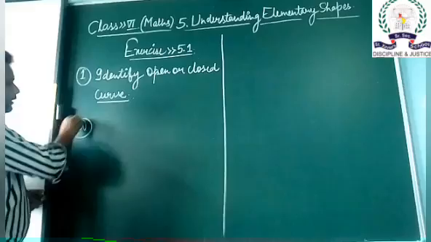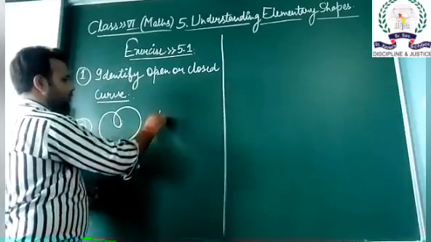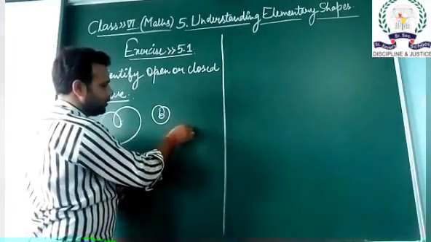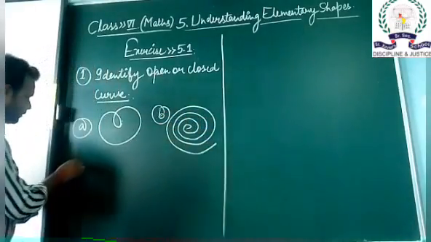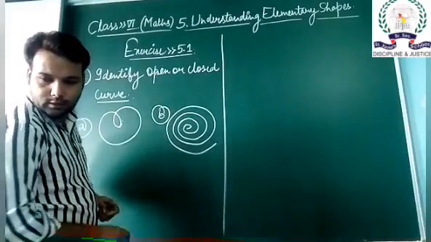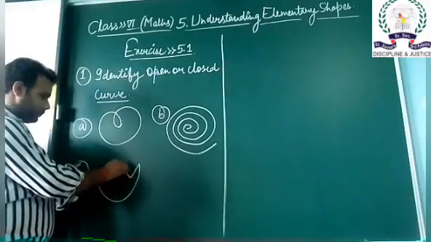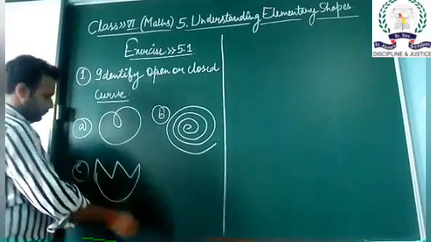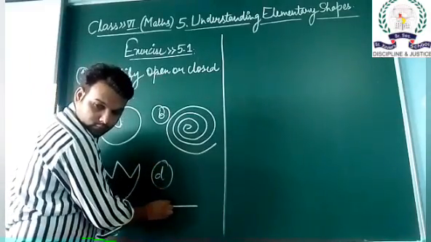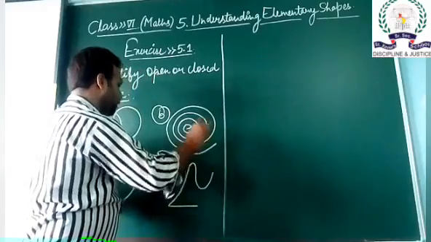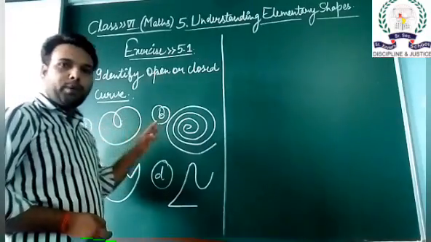First is a spiral. Here 4 figures are given and you have to identify which are open and which are closed.